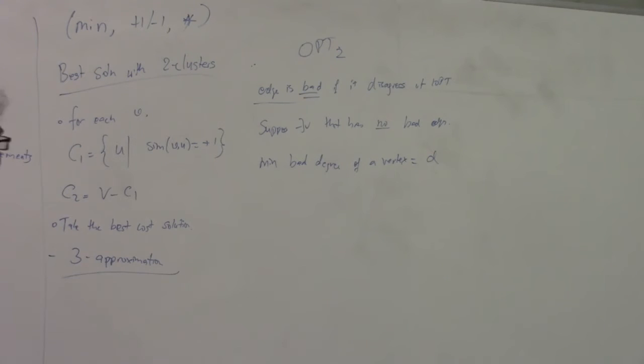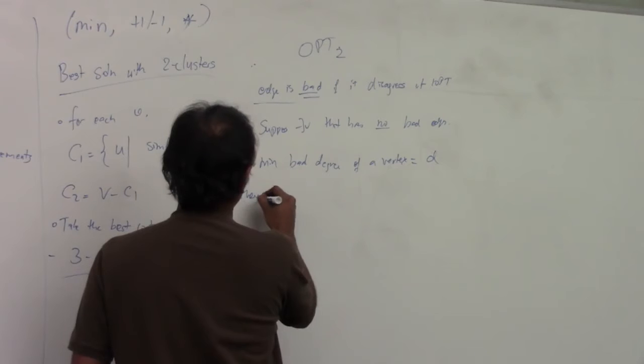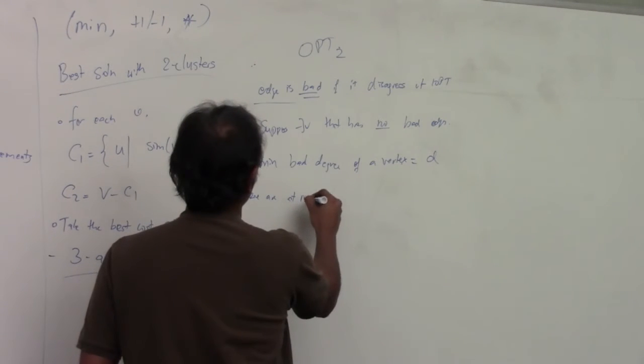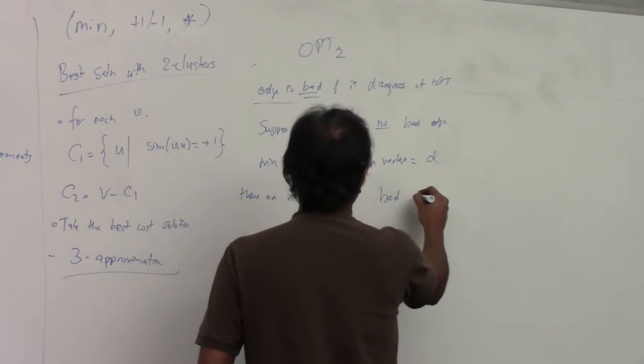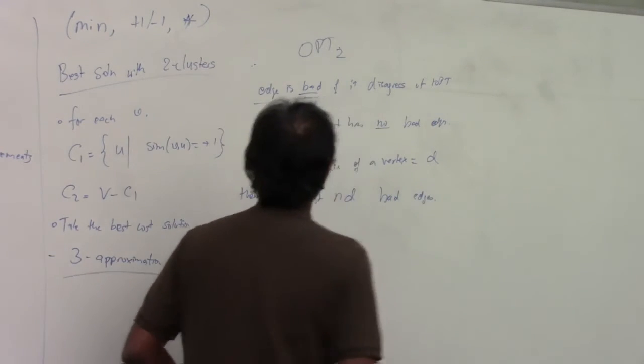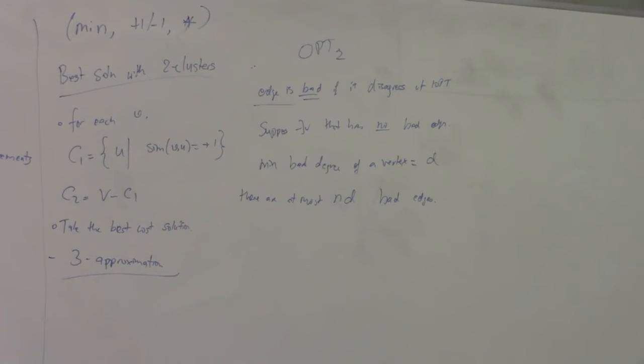What I want to say is that there are at most n times d bad edges overall in the clustering that you get. Let me see if I can say that correctly. Hold on.